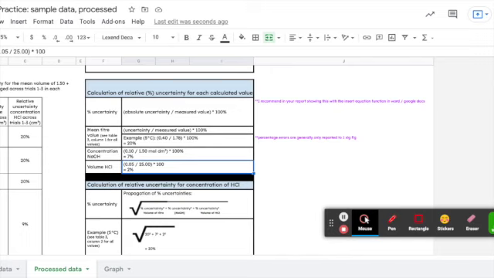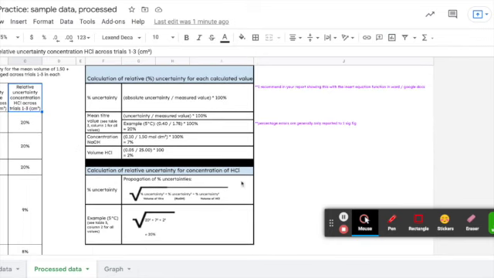And then in order to find the relative uncertainty for that calculated concentration, again, I'm using the square root of the sum of the squares method. There is another method where you just add these percent uncertainties, but if you used the square root method before, you should continue using it here. So any measurements that went into my calculation, which are these three in this case, I need to include their uncertainties here.